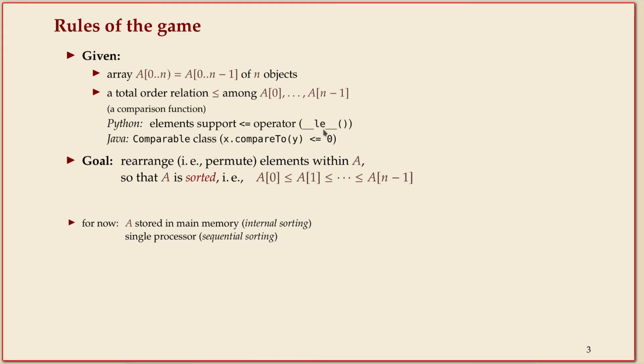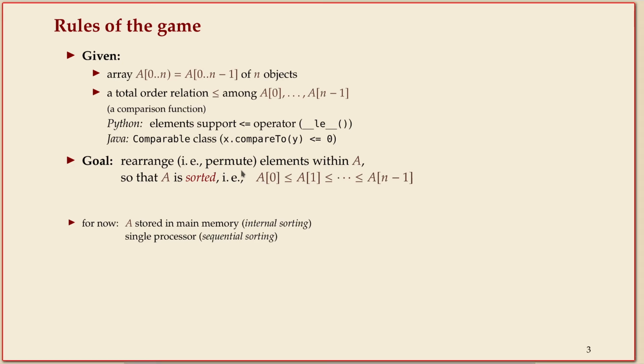So you can even implement this ordering relation for new kinds of data types that you invent. Java has a similar means, not quite as elegant in the syntax, but achieves the same thing with the Comparable interface. The goal, of course, is to get the array sorted, but what do we mean by this more precisely?